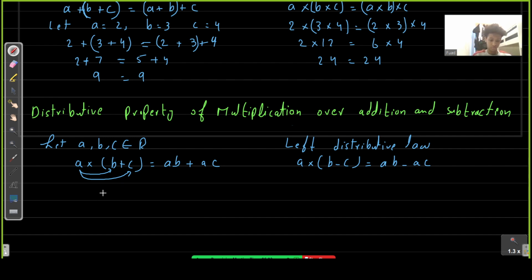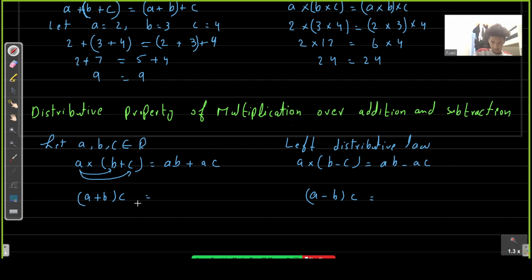If we have any numbers, for instance, I'm going to write here A plus B multiplied with C, and A minus B multiplied with C. Because C is multiplying from the right side, this is called the right distributive law.